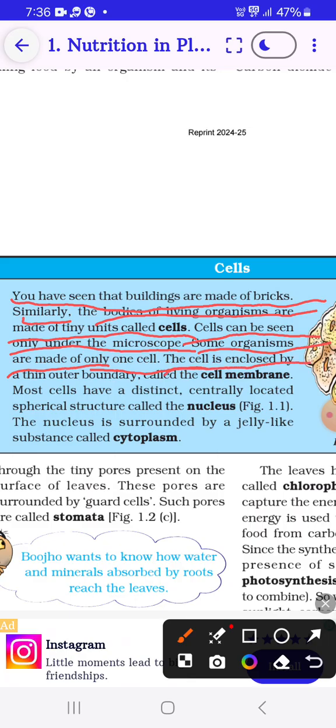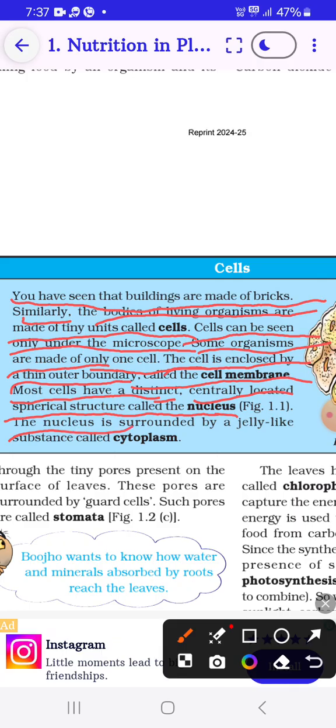The cell is enclosed by a tiny outer boundary called the cell membrane. Most cells have a distinct centrally located spherical structure called the nucleus.